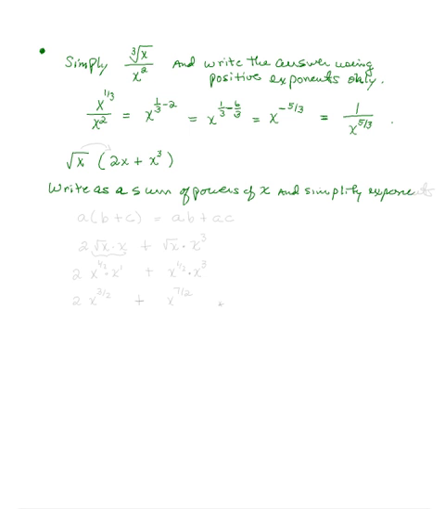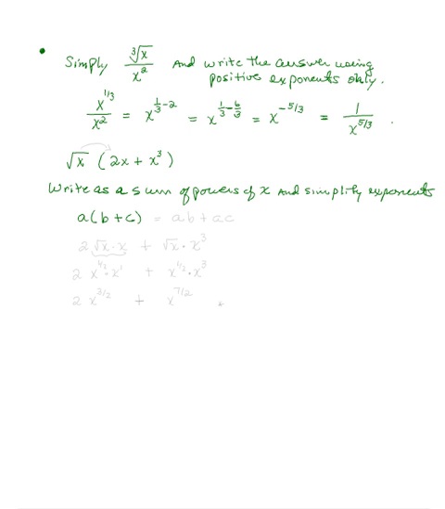Simplify the exponents. So, now, the first thing you need to do is to recognize that we have something in the form of the distributive rule here, where we have something in front, a, multiplied by two things that are added, b plus c. So the a is the square root of x, and the b is 2x, and the c is x cubed.